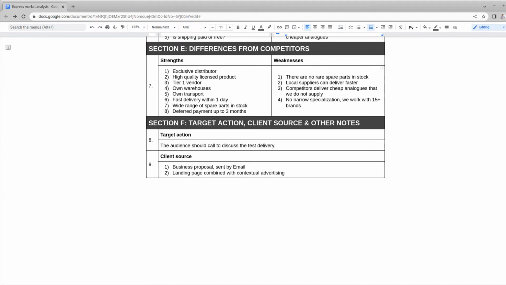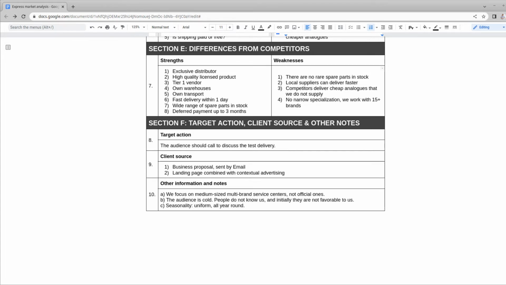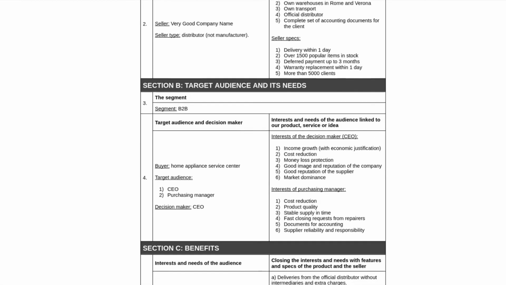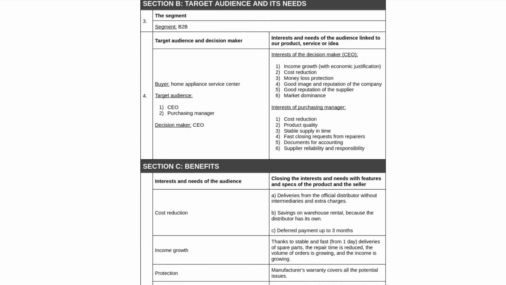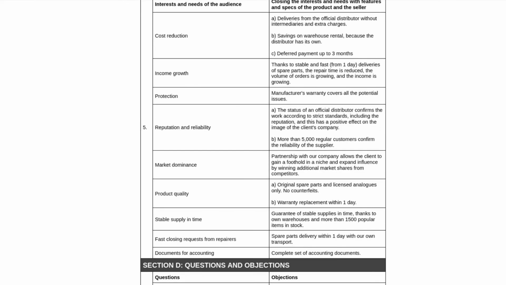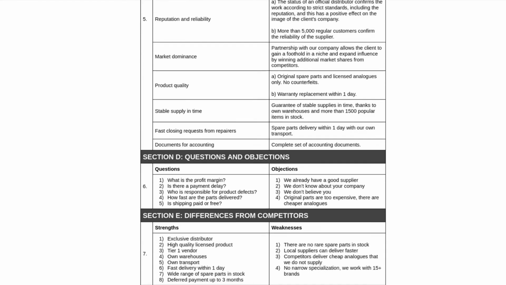It allows us to determine the quality of the audience and its condition to perform the target action. Finally, the third block contains additional information and details that are relevant to the case. For example, these can be clarification on target groups, audience loyalty level, seasonality, and other factors. All 6 sections of the Express Market Analysis form the necessary data set, which is more than enough to write an effective commercial text.